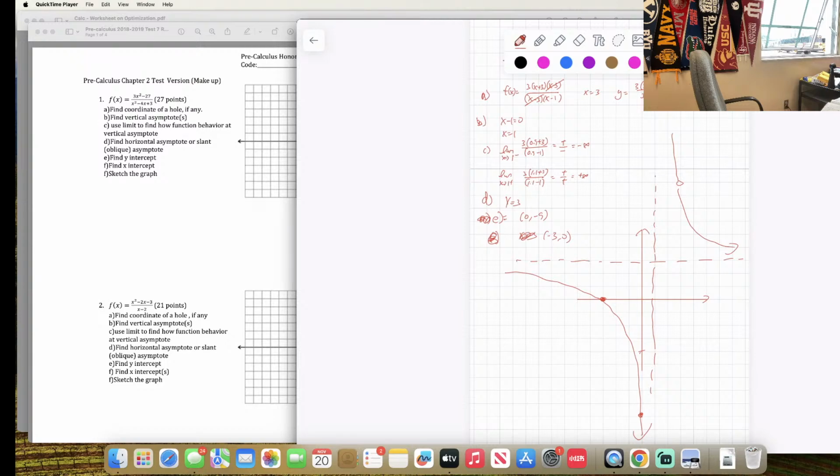So this is good. Or did you just draw weird? Okay. Oh, you can't draw the thing. So it looks like that.